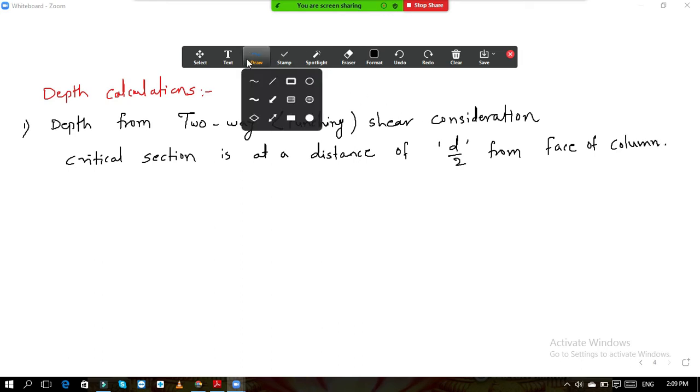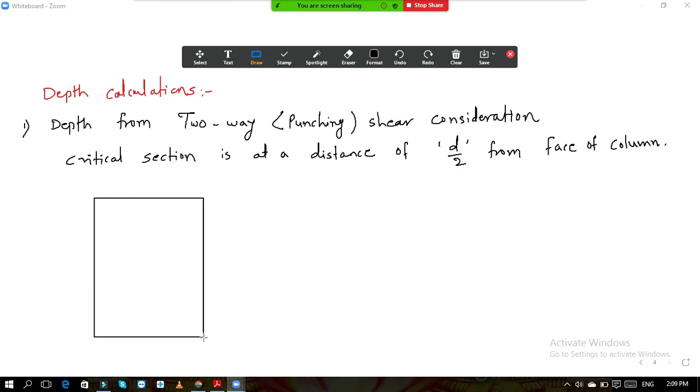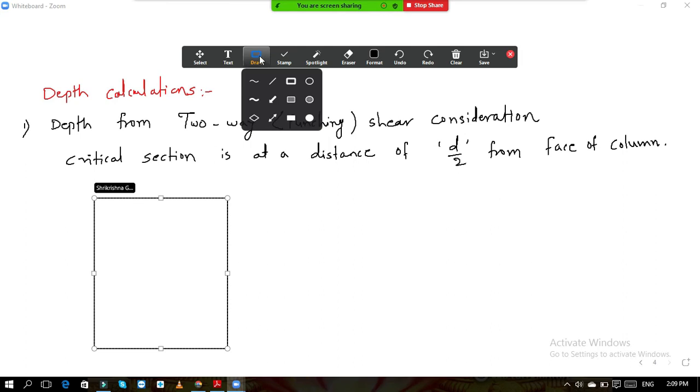Okay. So now we will draw. This is our footing. It is a rectangular footing. Now inside the footing, the column is there.